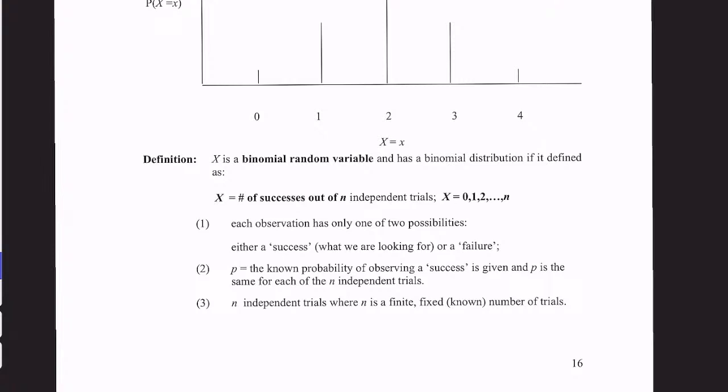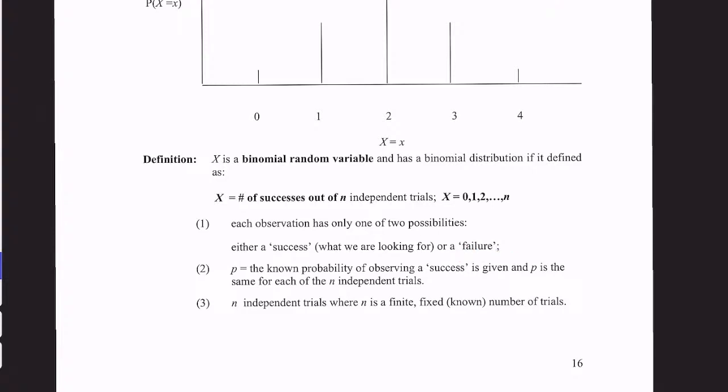So you're sampling and you're looking to see how many couples got married in June. You interview couples and you find out how many were married in the month of June, and that is the success. A failure would be not in the month of June.